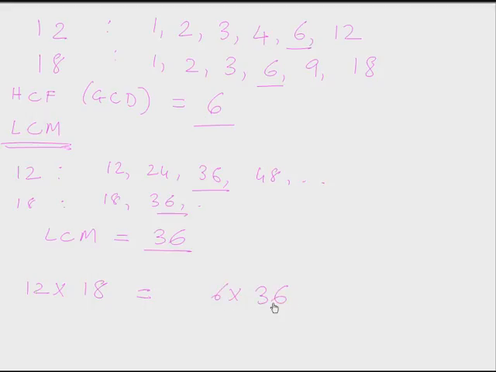Notice that these two products are equal. 12 is double of 6, while 18 is half of 36. So I know that these two products will be equal even without multiplying them out. So here's a very interesting fact. If you have two numbers, then their product is equal to the product of their HCF and their LCM.